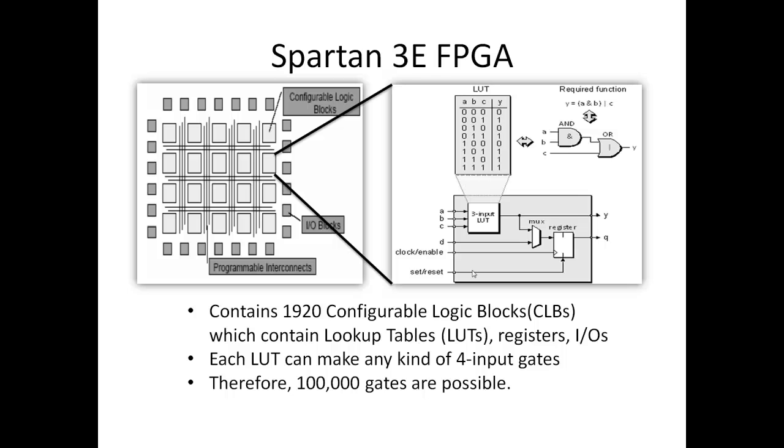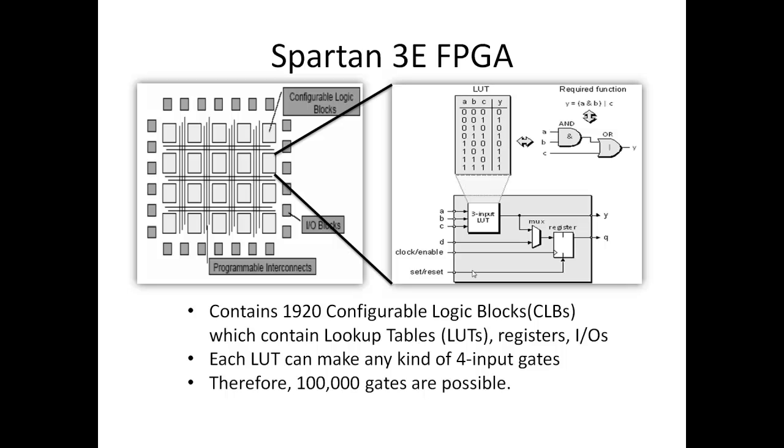And this is the configuration of the Spartan 3E FPGA chip. This FPGA chip is built using something called configurable logic blocks, and the Spartan 300 has 1920 CLBs.